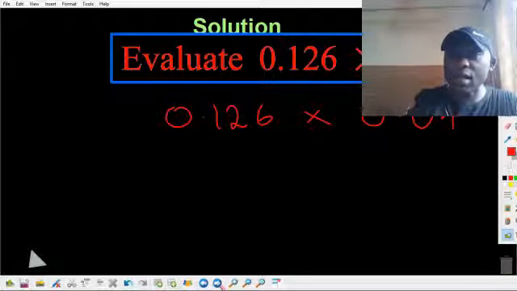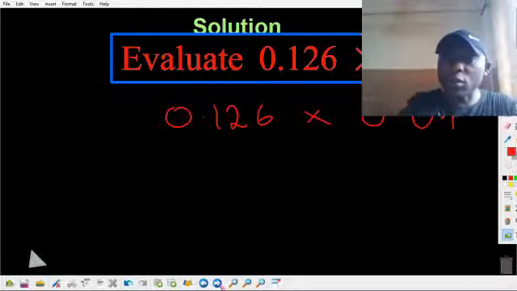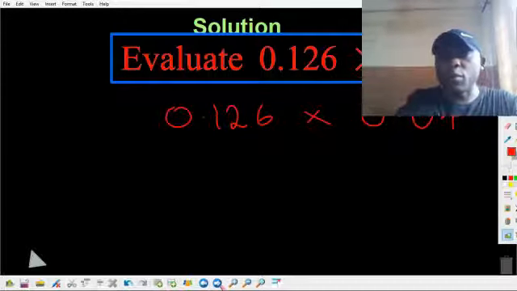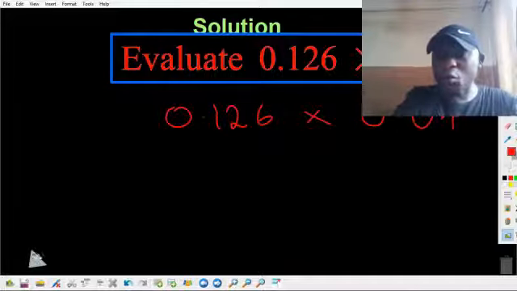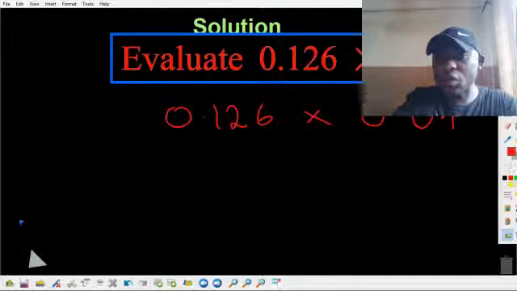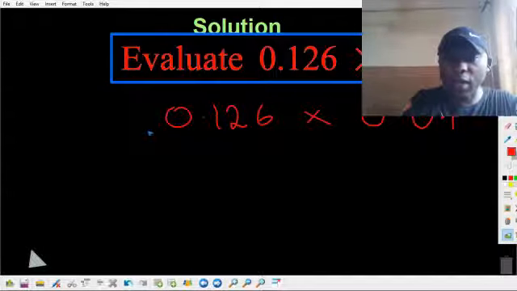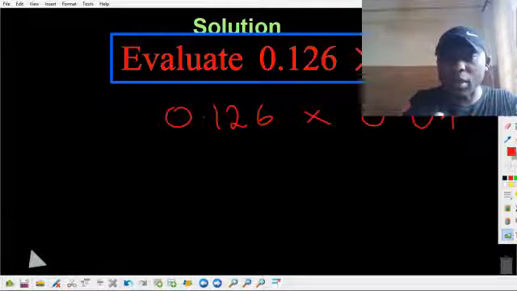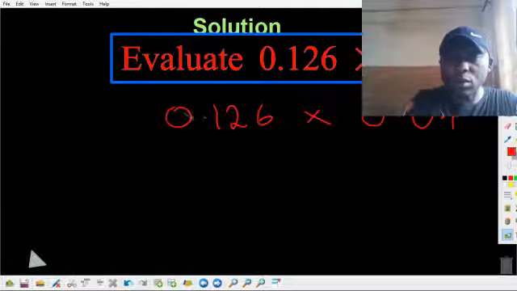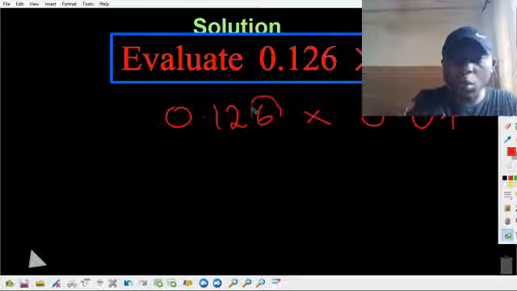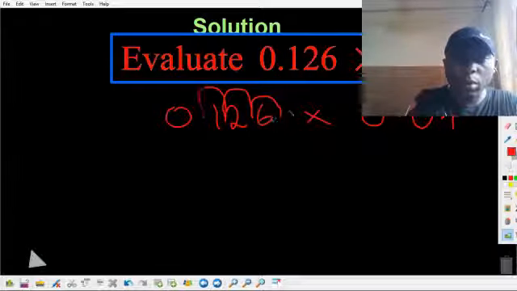Like I said earlier, there are other ways of multiplying decimal fractions, but I believe the best way is by converting the decimal numbers to fractions. How do we do that? We have 3 decimal places here, so we count 3 decimal points: 1, 2, 3.